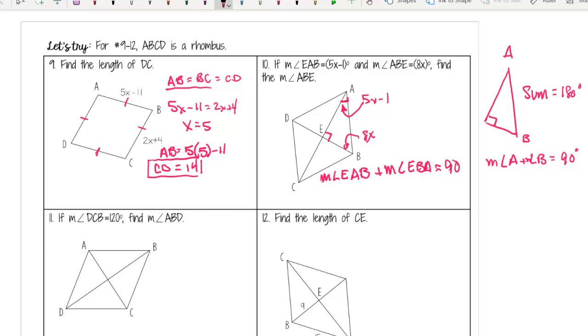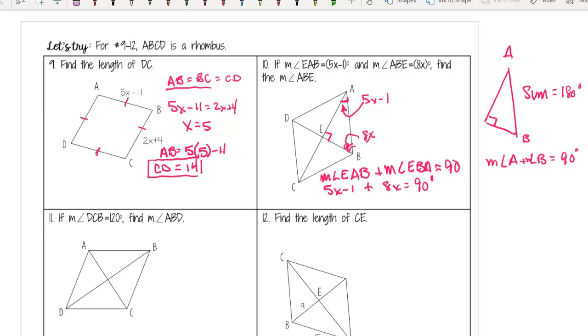So this angle plus this angle equals 90 degrees. So I'll plug in my expressions. 5x minus 1 plus 8x equals 90 degrees. You can do it with the sum of the angles equals 180, and that works just fine. But this way, you save yourself a step. That's supposed to be plus.